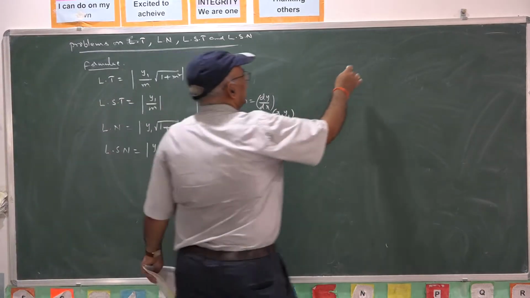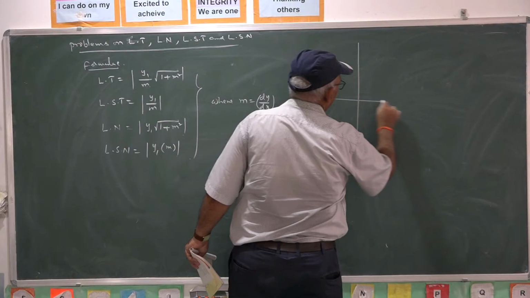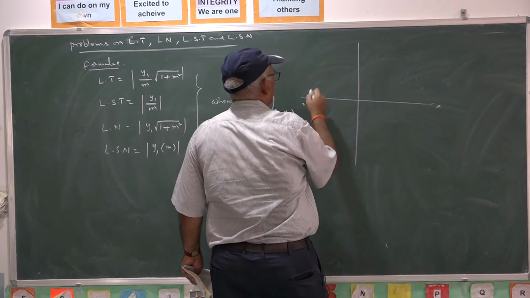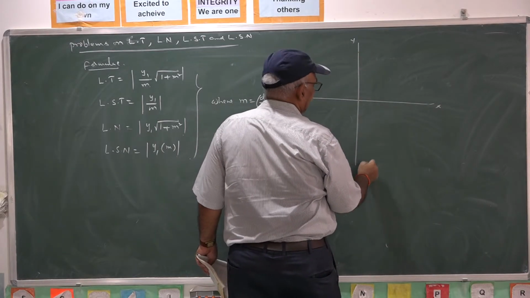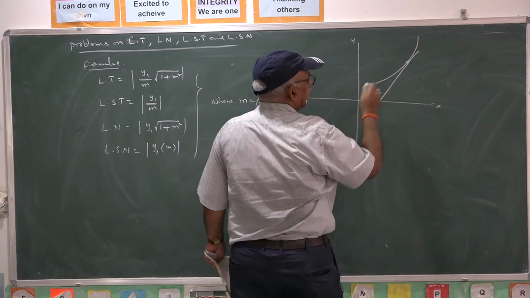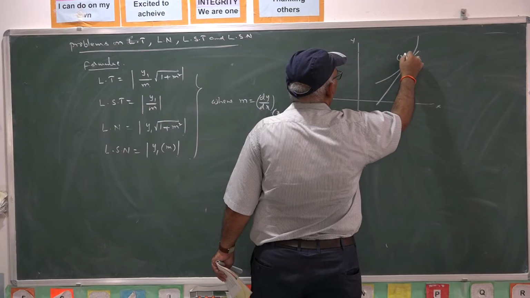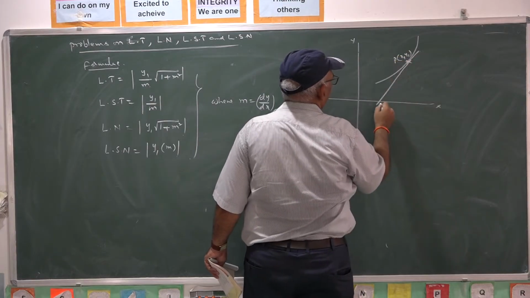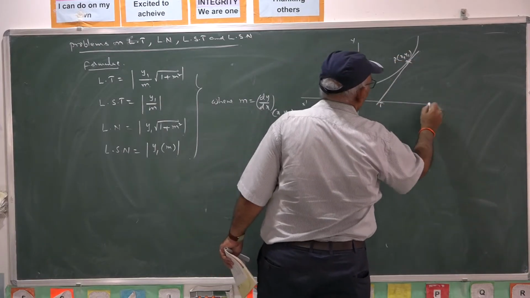Moreover, once this is our curve, once a tangent is drawn at x1 y1, this is normal.